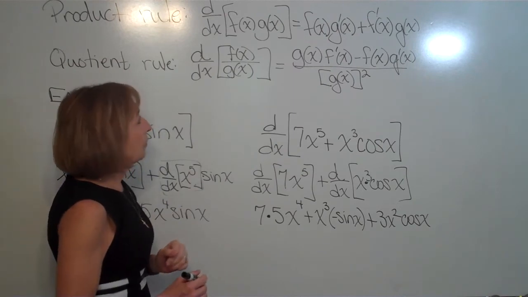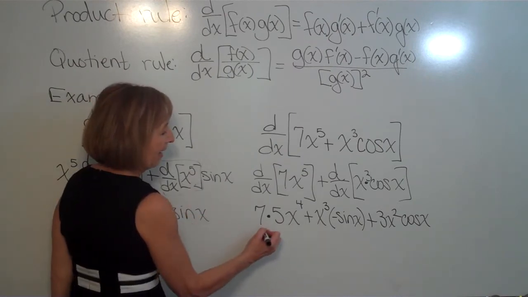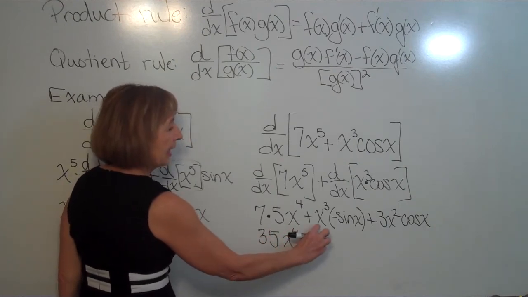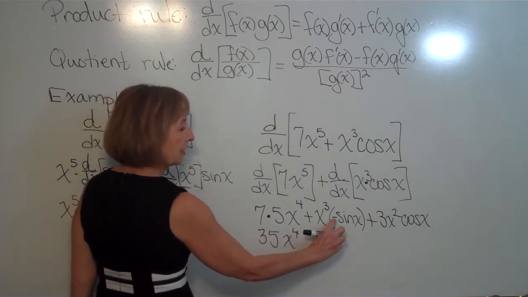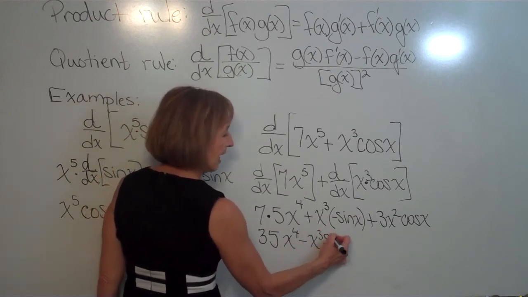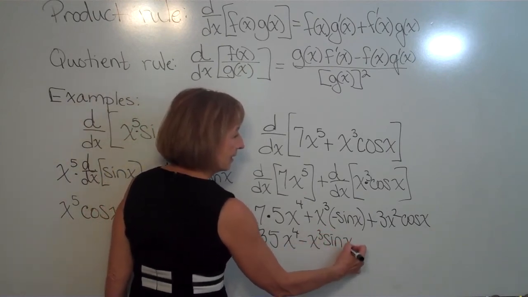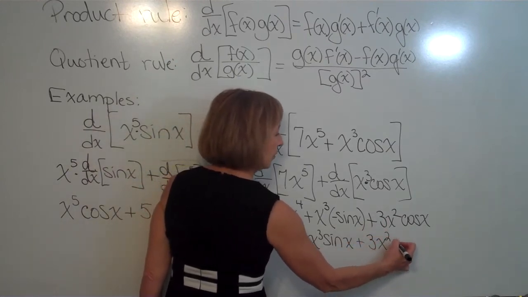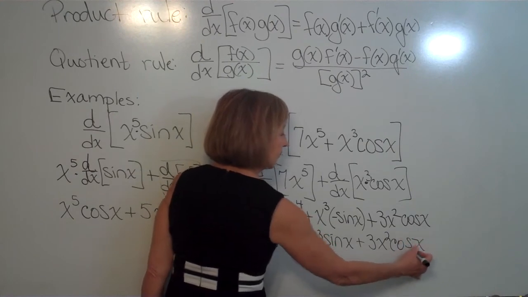So then when we go through and simplify this, I have 35x to the fourth, and positive x to the third times negative sine x is a negative x cubed sine x, and then plus my 3x squared cosine x.